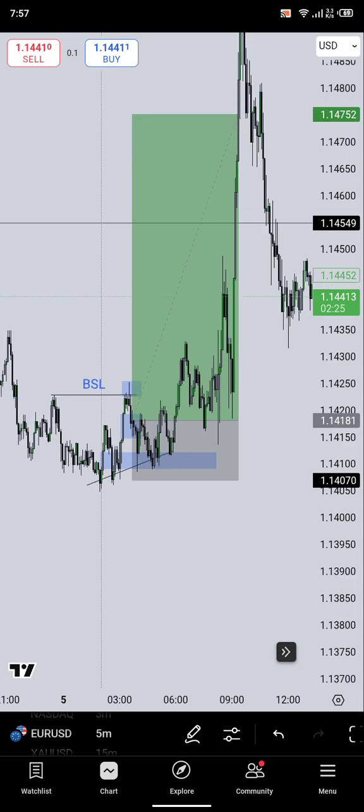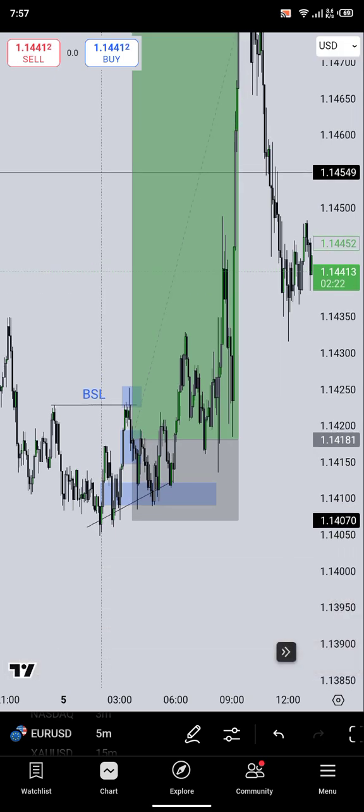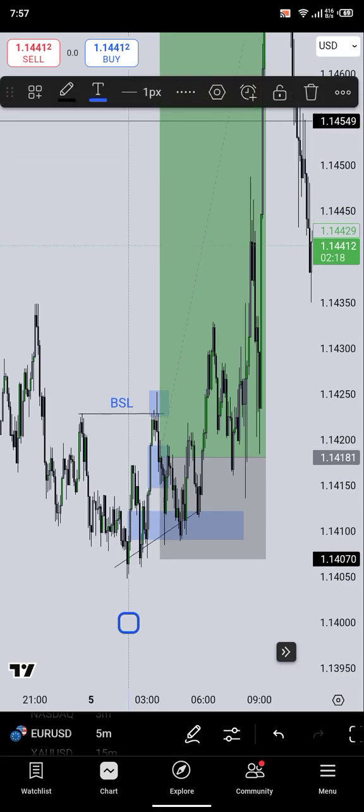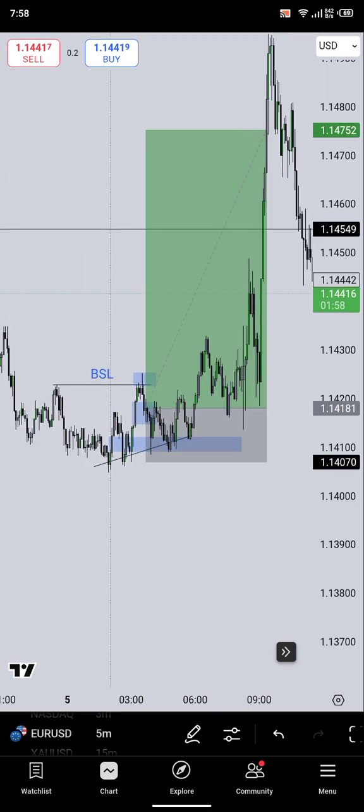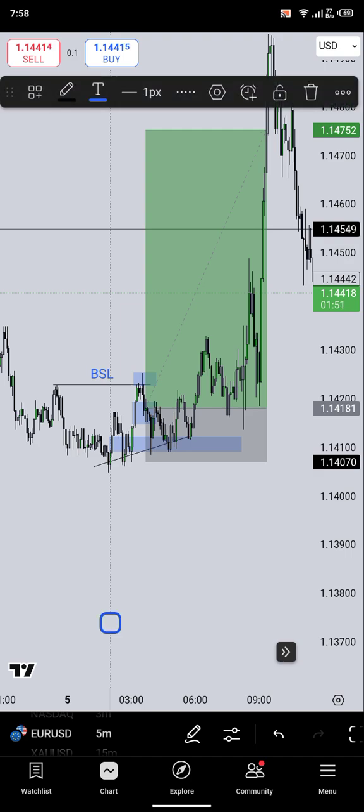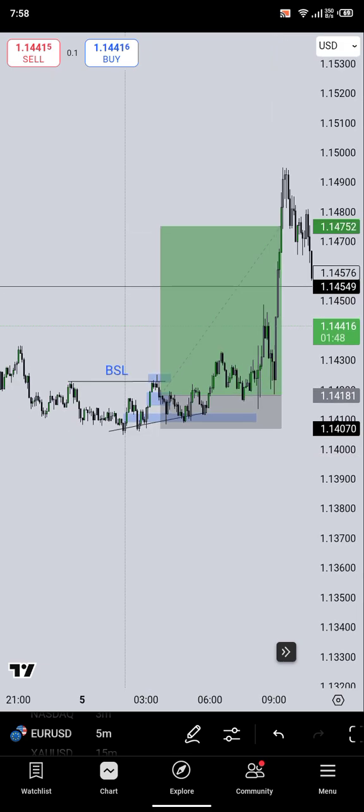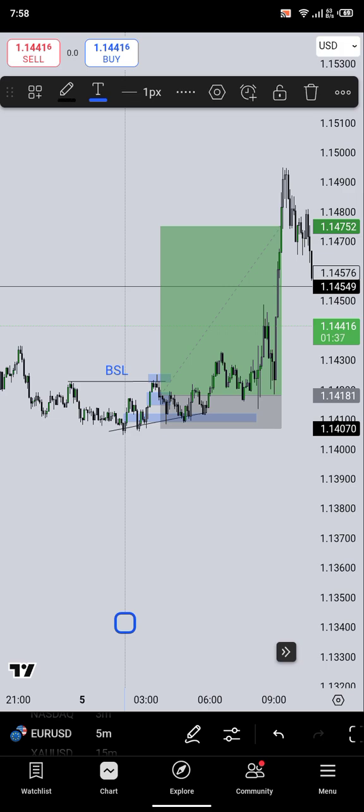So having our bias, we come down to a lower time frame, marking out our session, that's the New York session. Then our fair value gaps, then taking our entry, our targets, then buy side liquidity. And that was the London session.